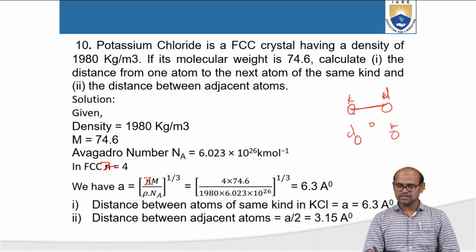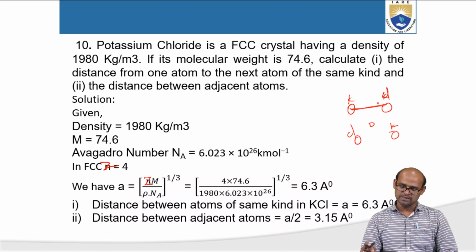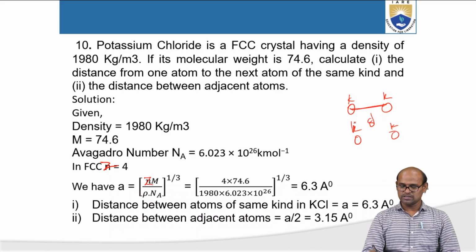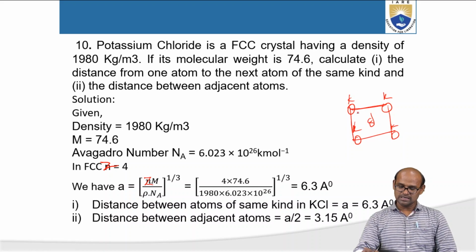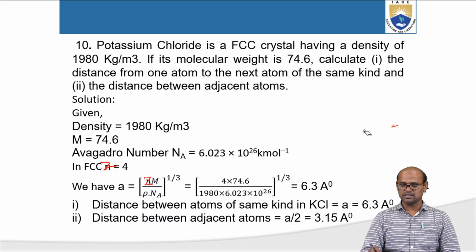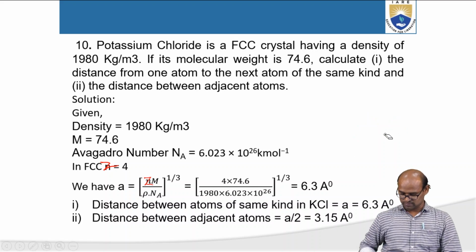So the distance between the same kind is always A, and here it is chlorine. The distance between the adjacent atoms is A by 2. So once you calculate A divided by 2, that is what you will get. A by 2 is the distance between the adjacent atoms.